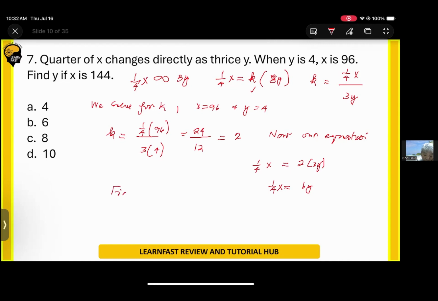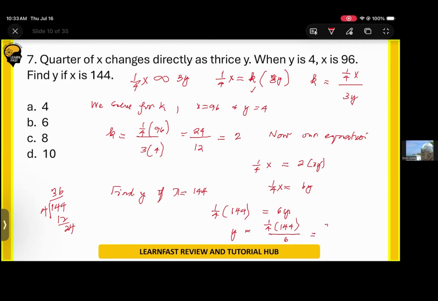So find y if x assumes a value of 144. So you have 1/4 of 144 equals 6y. So y is equal to 1/4 of 144 divided by 6. 144 divided by 4 is 36.